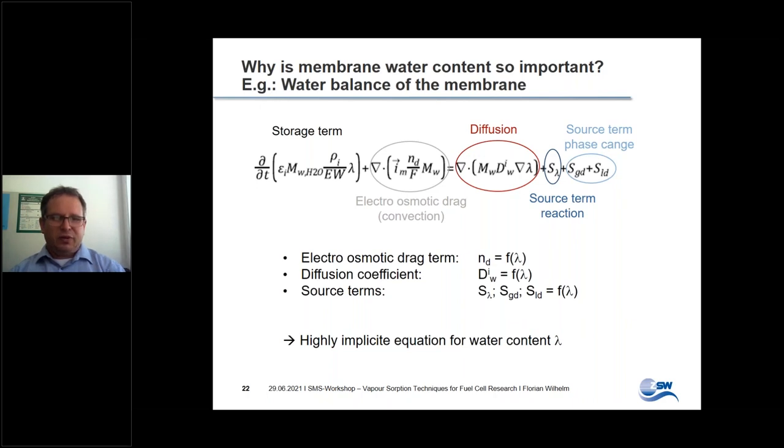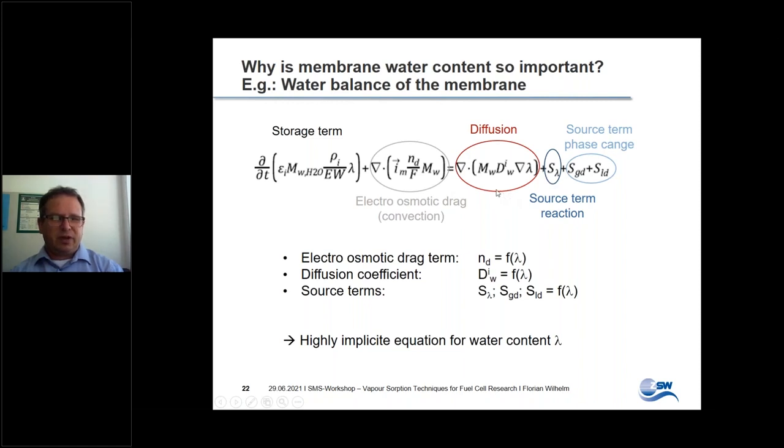And you can see different contributions in this equation. One is from the electroosmotic drag. That's the phenomenon that water is transported by the drag caused by the protons, which are transported over the membrane, or through the membrane, better.